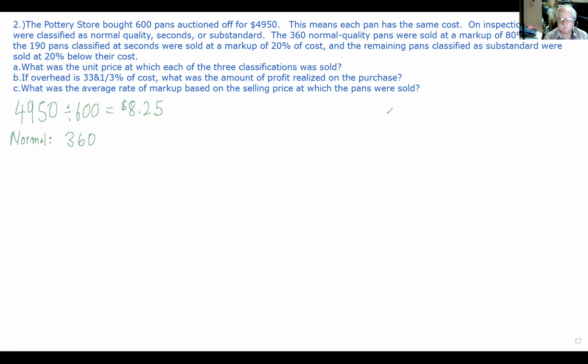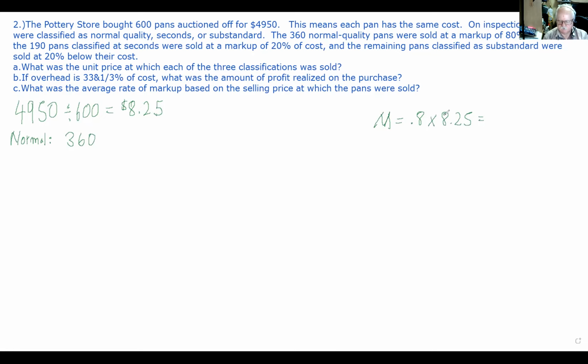So we're being told for the normal, markup equaled 80%, 0.8 times cost, which we figured out as being $8.25. So let's figure out what that markup was.